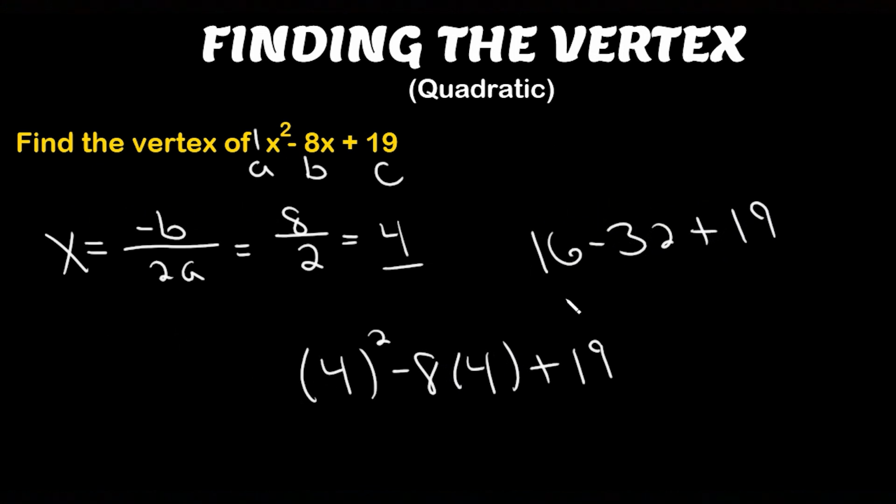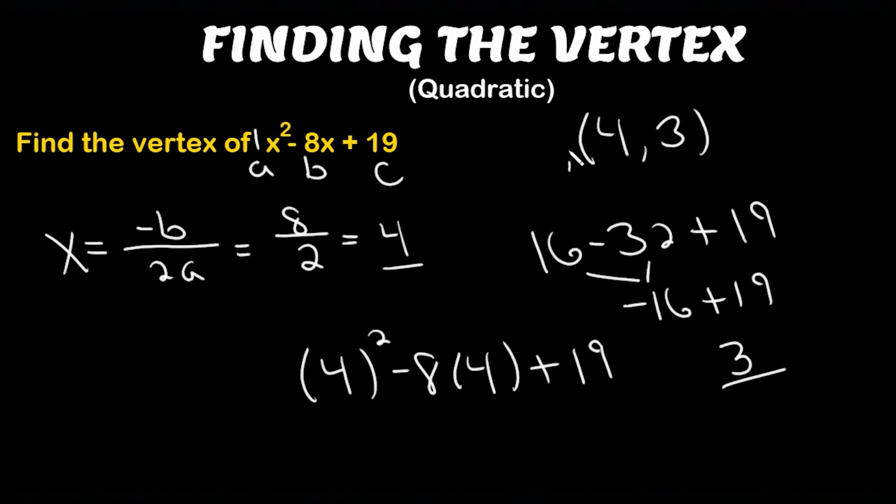So 16 minus 32, that's going to give you negative 16. So we get negative 16 plus 19. That will give you positive 3. Here's my y value. So putting it all together, we have 4, comma 3. X, comma y, right? There it is. We're done. Okay. Let's try one more example.